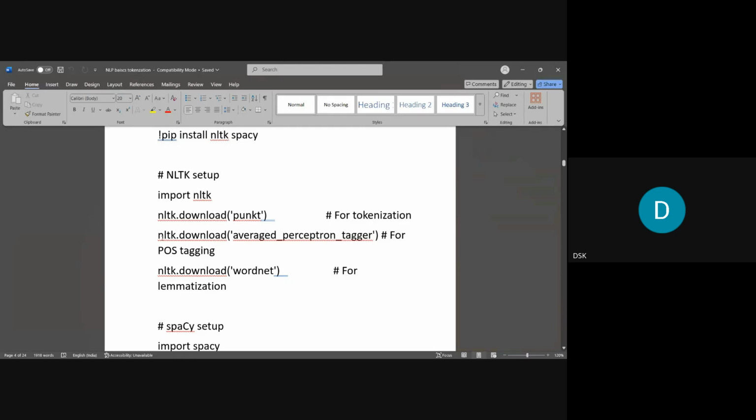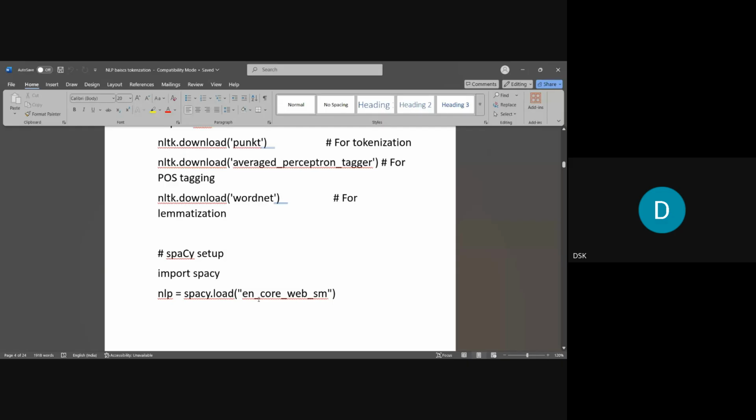Then you need to download this as well for POS tagging. This is very important, or without this it won't work. And WordNet is also required to be downloaded for lemmatization. So these three resources are required to perform the three pre-processing tasks.